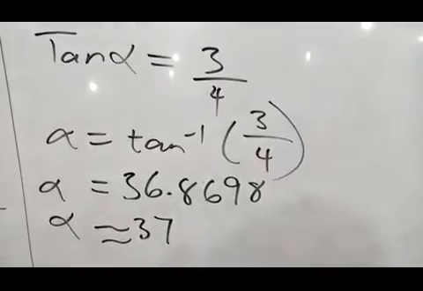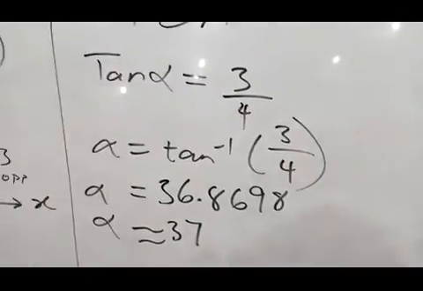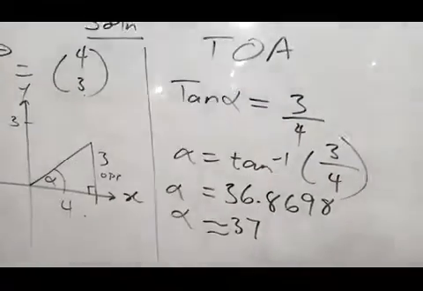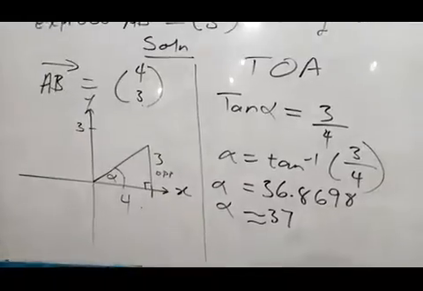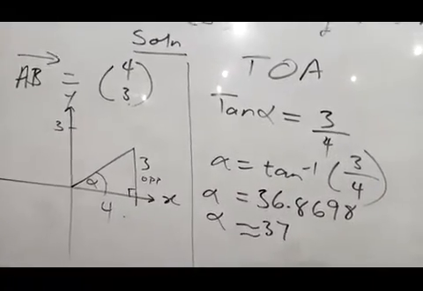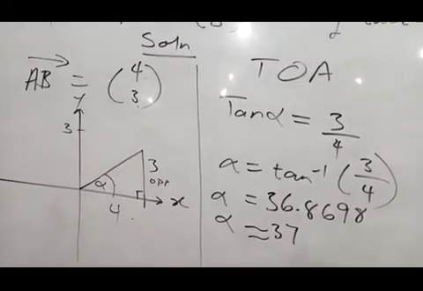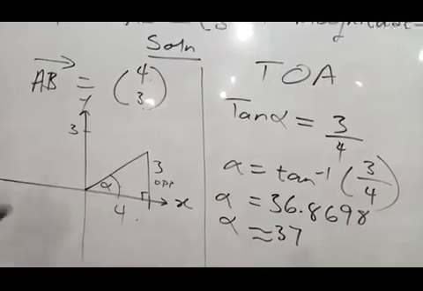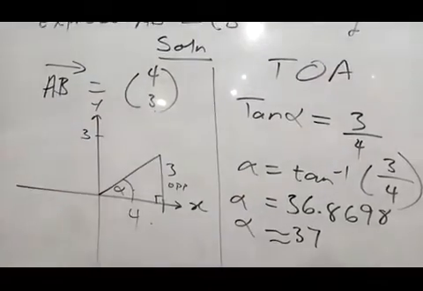Depending on how you're asked to leave it: if you're asked to leave it to the nearest whole number, that's how it's going to be. If you're asked to leave it to 1 decimal place or anything, then you follow what the question is asking you for.